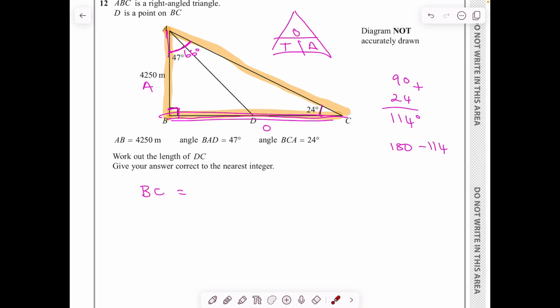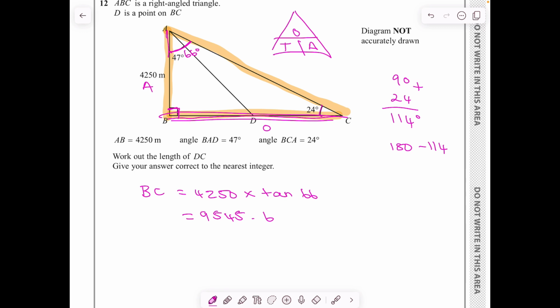So it's saying to you that we have to do 4,250 multiplied by tan 66. And that gives me 9,545.6. And that's the whole of BC.